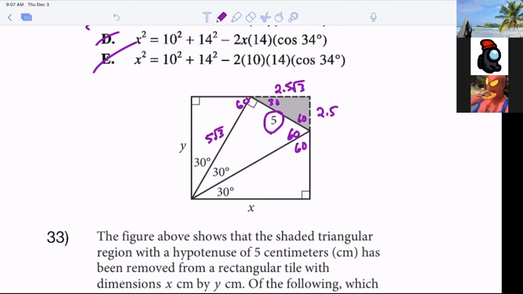This right here is also 10. So this could be 5, and this could be 5 radical 3. So the whole length was 5 radical. And then this right here is 7.5.